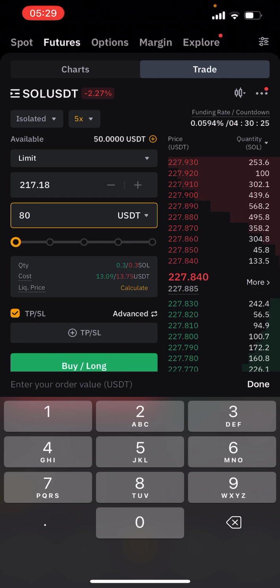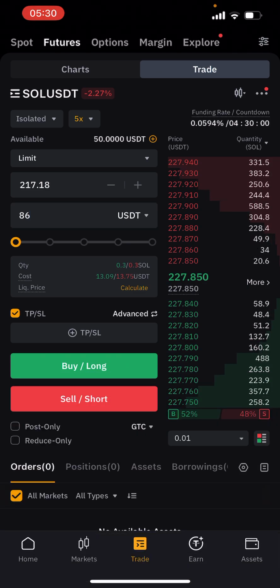If I'm using 80, it's still 13. Okay, let me use 89. It's 17. No, I'm not risking that much. 85, 88. Now, I think it's their calculation. There is a special way they calculate this stuff. They add the fees with the funding rate and stuff like that. I don't want to dive into that today. So let's just go with 86, which means I am risking $13 here.